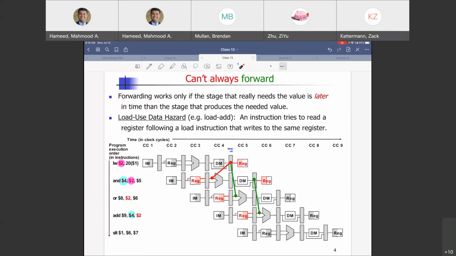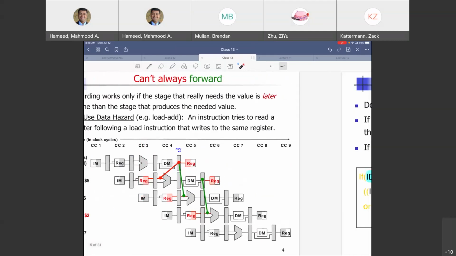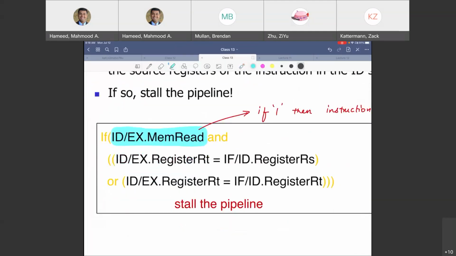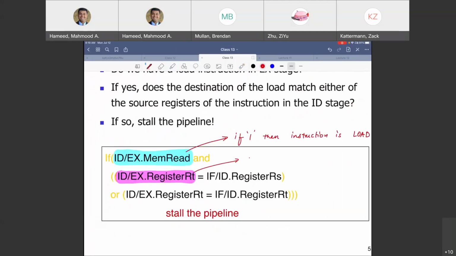One back. So those will give us the next two statements. No, this is the destination. If the destination of load, we are still looking at the IDEX pipeline register.